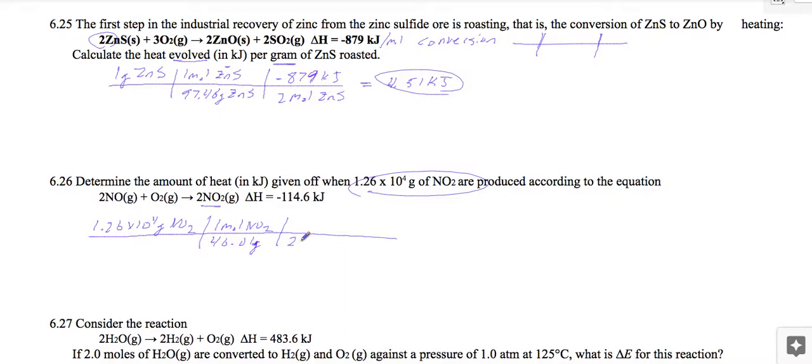And we have 2 moles of it. It's negative 114.6 kilojoules. I should cancel these units, huh? All right, so we end up with negative 15,691 kilojoules. All right, so there are those.